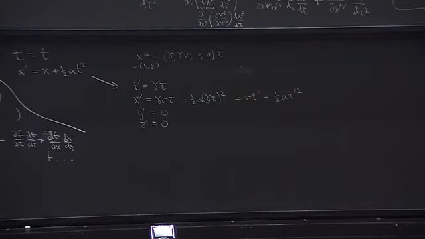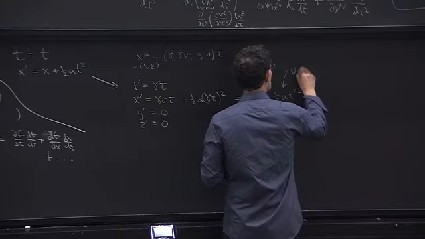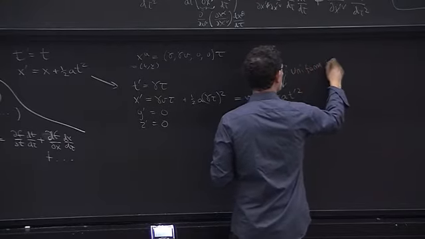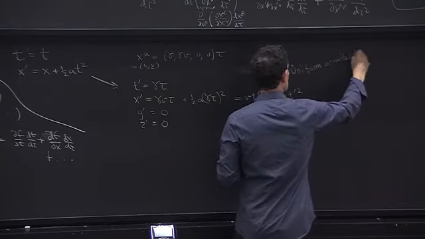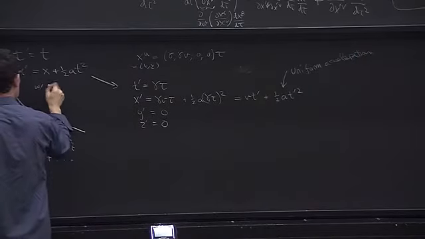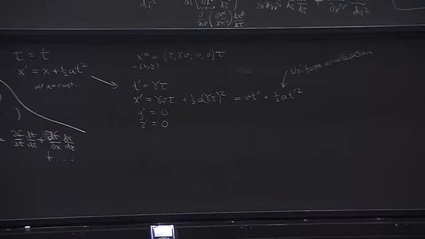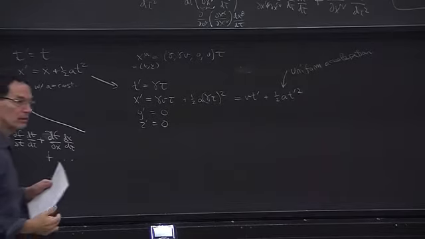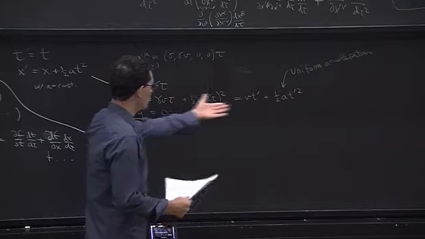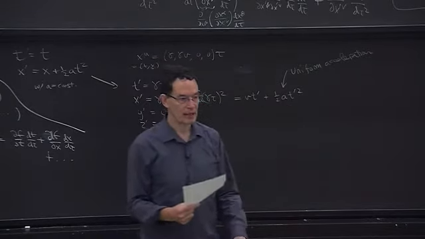So the particle in the primed coordinates is undergoing uniform acceleration. I should have said a is constant. All right, so just by a coordinate transformation, I've made my particle accelerate. In this coordinate system, it's accelerating. Okay, this looks like there's some force acting.